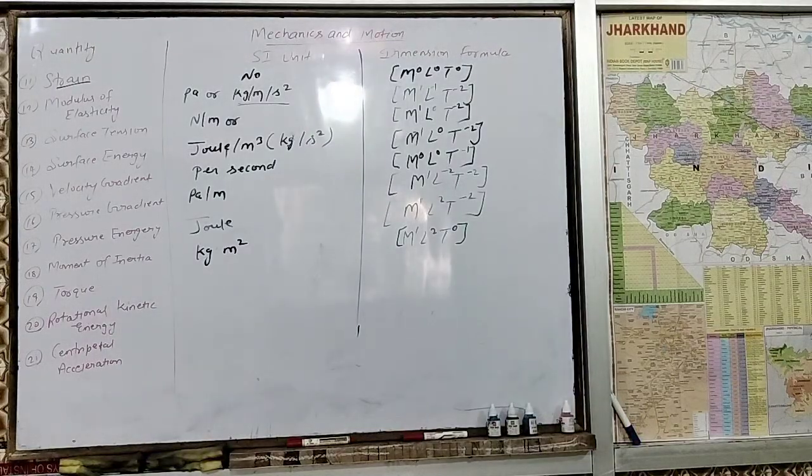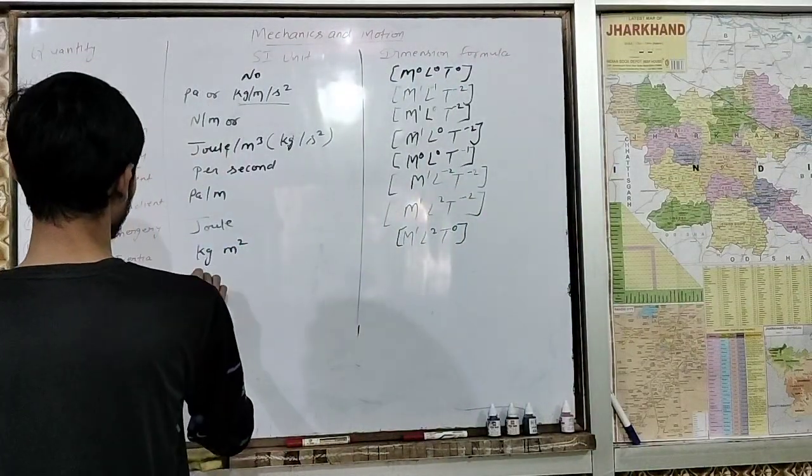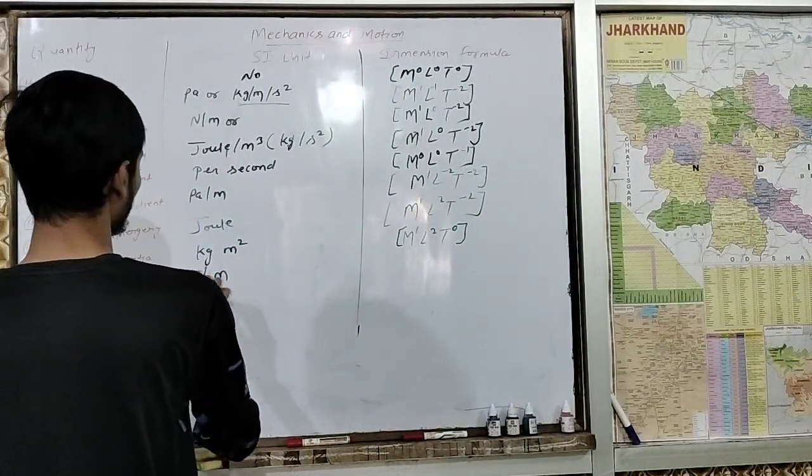Next we have what? Angular momentum, but not angular momentum. We have torque. Next we have torque. So for torque, it is Newton into meter.